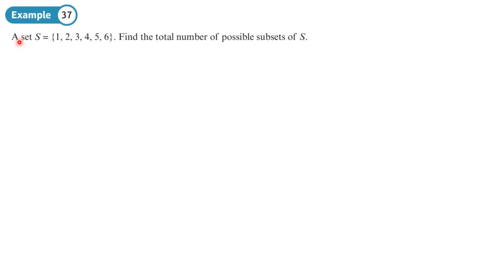Okay, so this question is about finding a number of subsets of S. Now remember, the way to find the number of subsets is 2 to the power n, where n is the number of elements in the set.